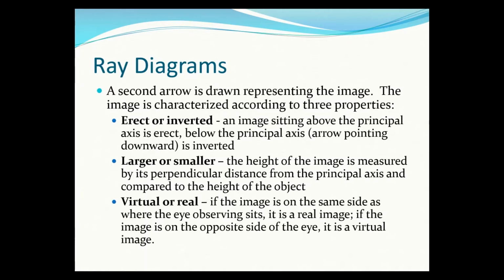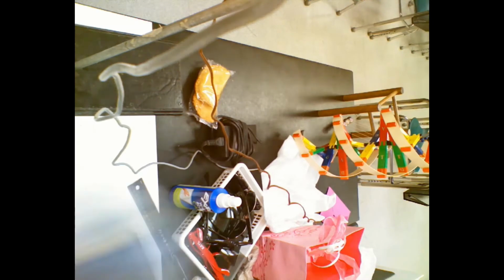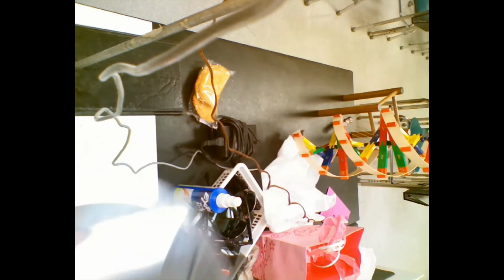Okay, so larger and smaller makes sense. Virtual and real is a little bit confusing, so I will talk about virtual and real. Actually, before I do that, I'm just going to show you this idea. What I have here is a curved mirror, and a little frog that I can place in it like that.